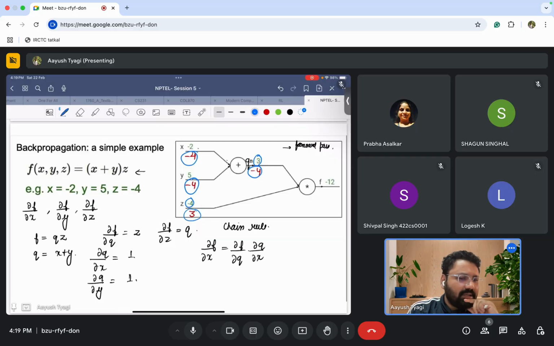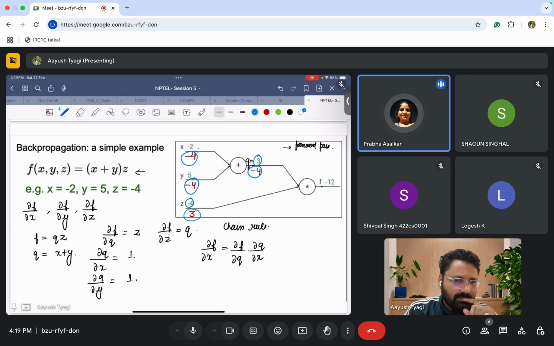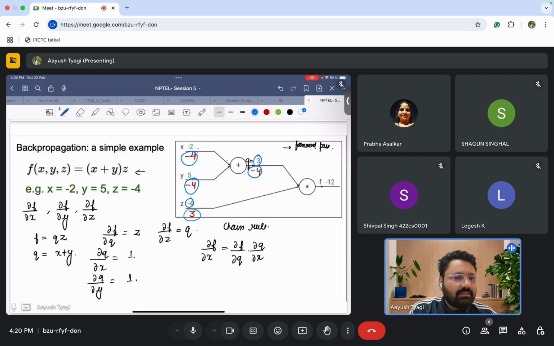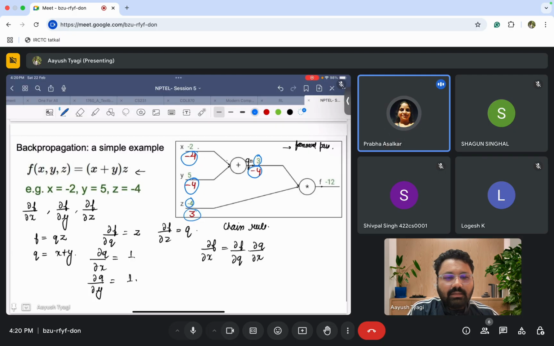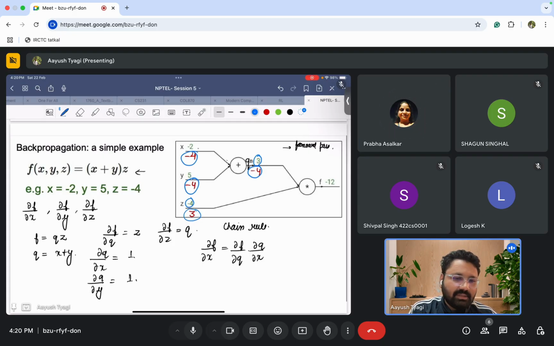Whenever you're doing backpropagation, you're doing the gradient computation, so you have to do it for every node. But if you observe, you can see this pattern. It is just for observation, and the pattern is consistent, so it will be there in other examples as well.